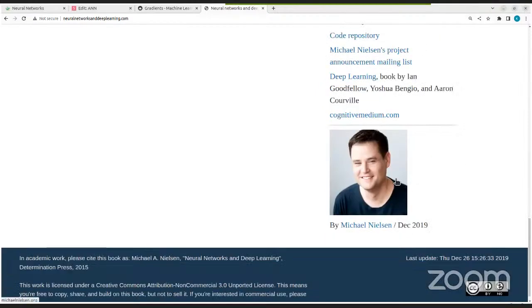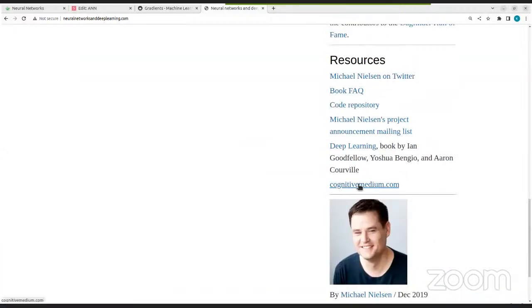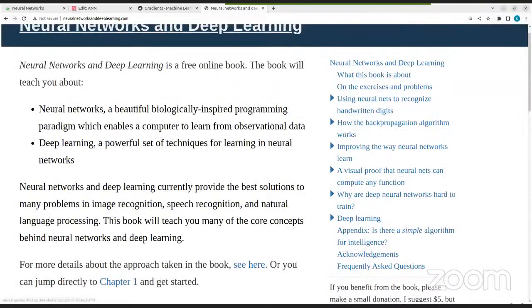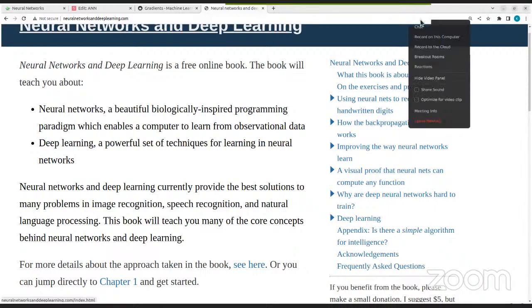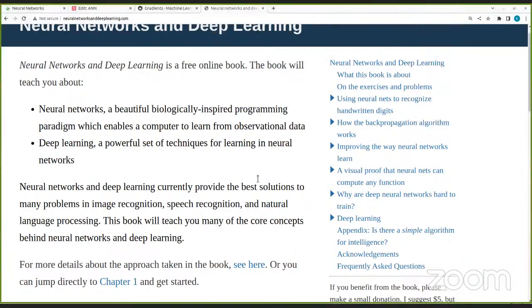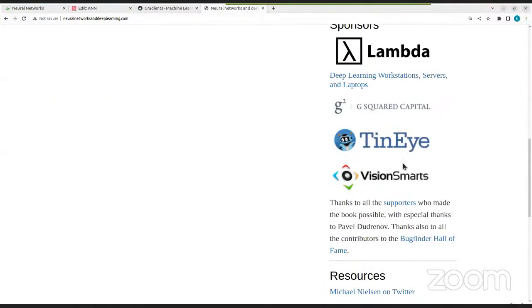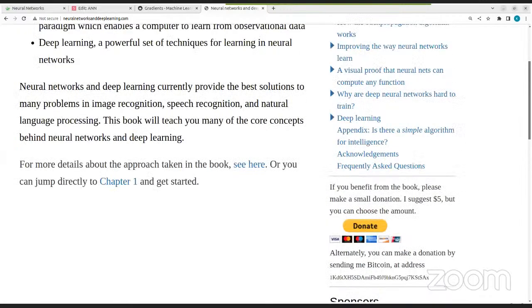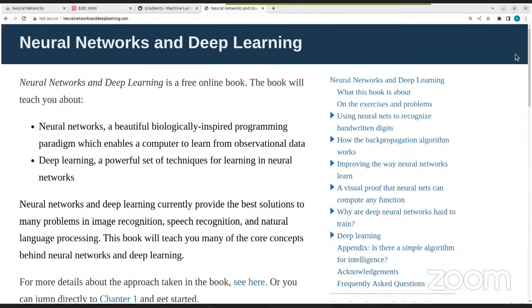He's actually a quantum physicist by basic training, but he's a prolific writer, and one of the best technical writers I've seen. I'll share this also. It's a very readable book. The full code is there, and you can also go to the code repository. That is one resource you can use.